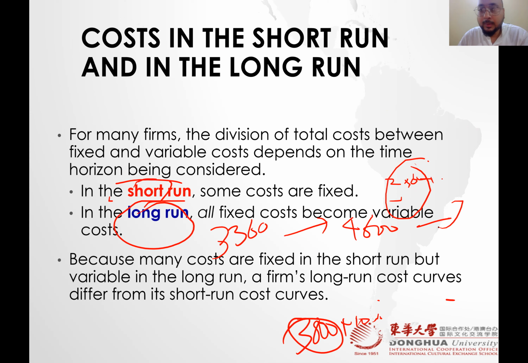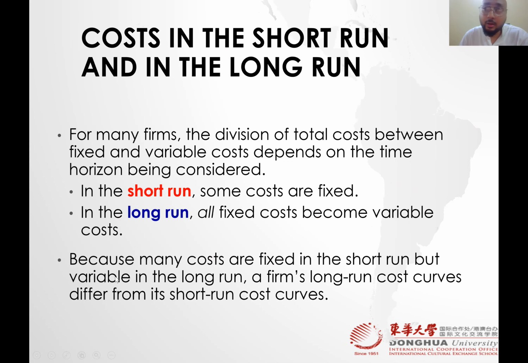Right, guys? So if we convert our analysis based on short run and long run, then our analysis totally changes. Why? Because in the short run, some costs are fixed, like doctor fees, like your tuition fees, like salaries, my salary, like rent, insurance.